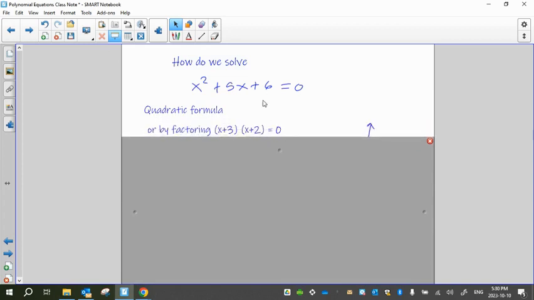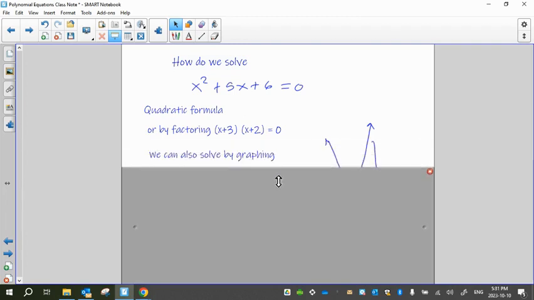We can see that if we find factors of 6 that add to 5, they are 3 and 2. So I can rewrite this equation in factored form as x plus 3 multiplied by x plus 2 equals 0. And from there, I can easily identify the zeros, right?